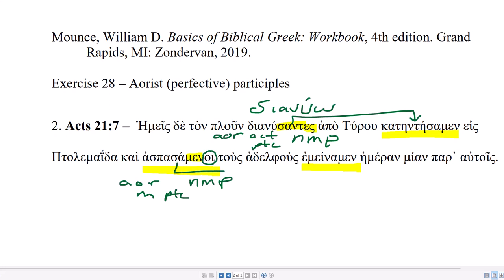After greeting the brothers, we remained one day with them. This is a good example of a couple of adverbial participles working with main verbs. So we have, and we, after completing the journey from Tyre, arrived to or at Ptolemais. And after greeting the brothers, we stayed one day with them.